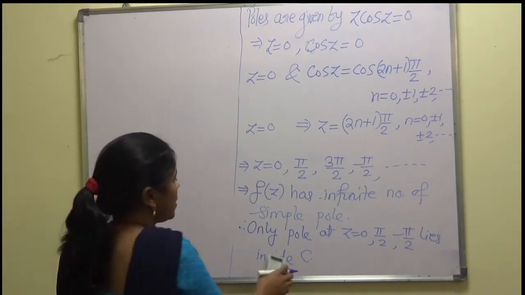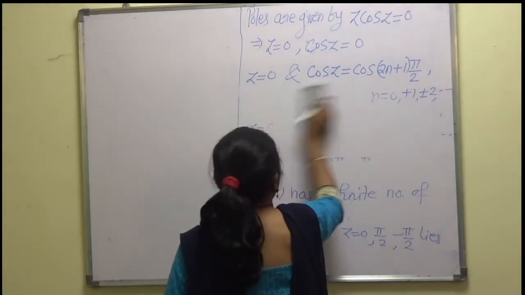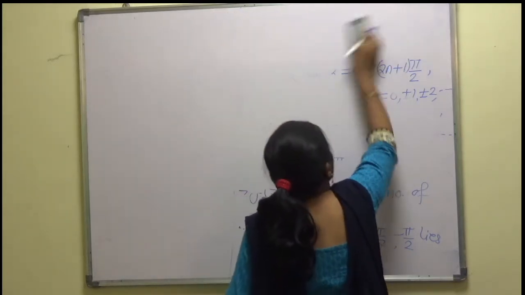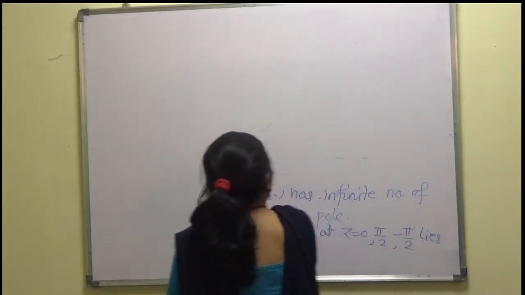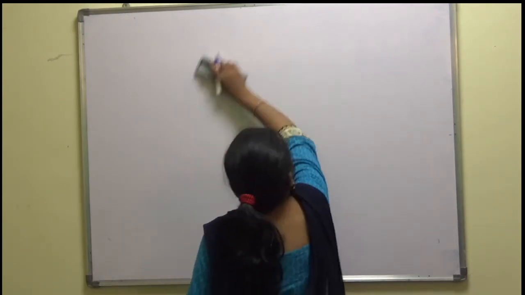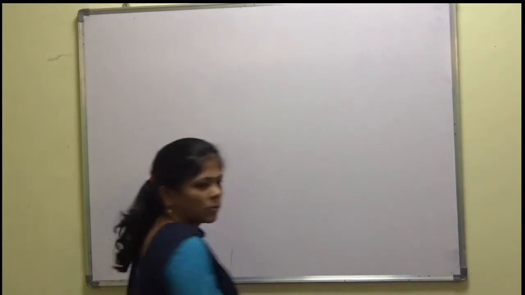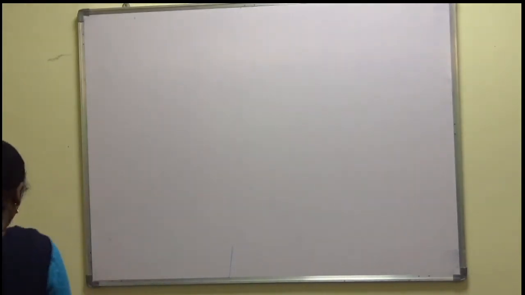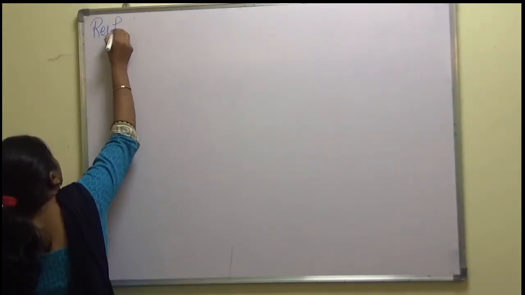So let us find the residues at the poles z equal to 0, z equal to pi by 2 and z equal to minus pi by 2. Now the residue of f of z at z equal to 0.